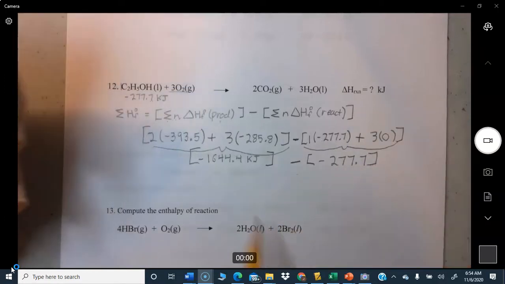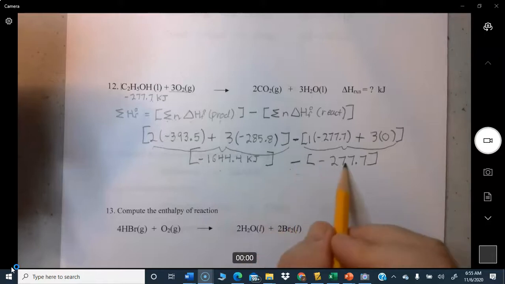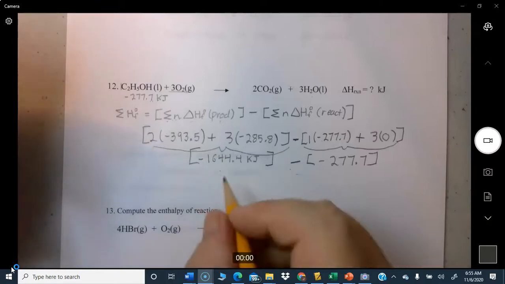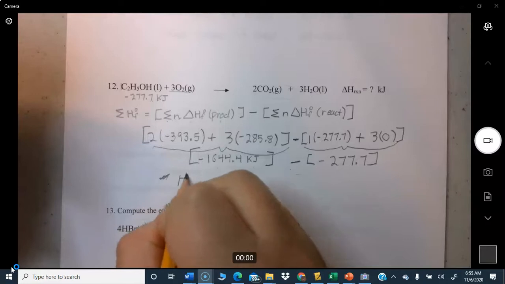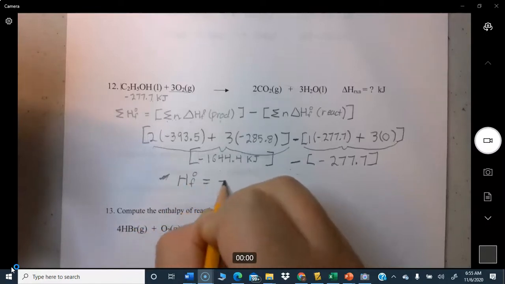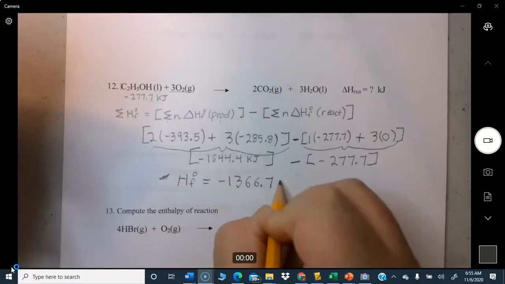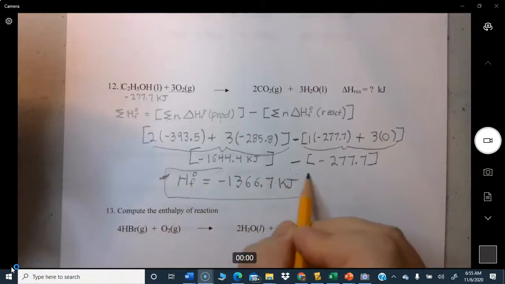That's going to be a plus, so this minus negative becomes a plus, so this plus 277. And that gives us, for this reaction, kilojoules.